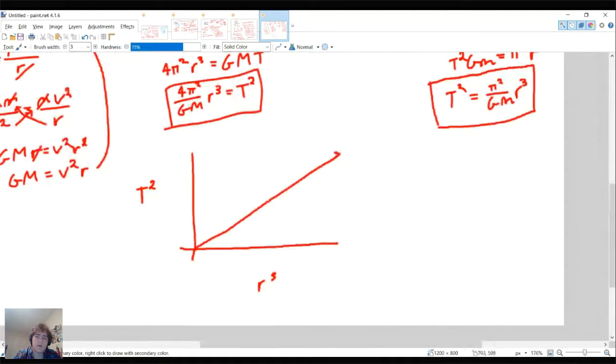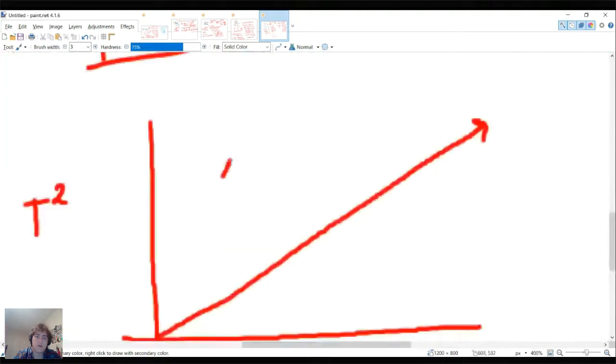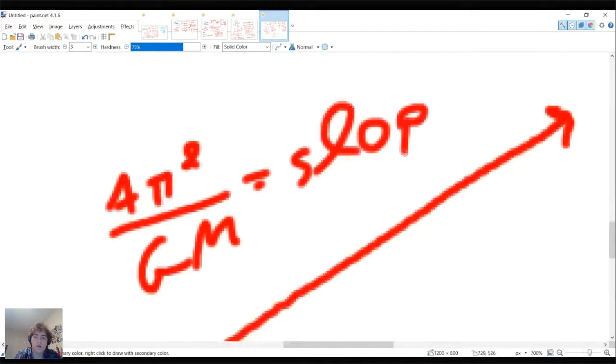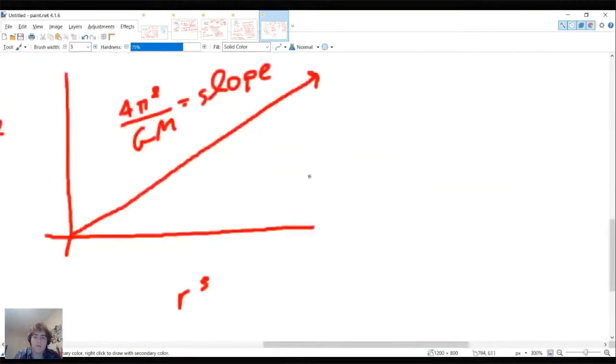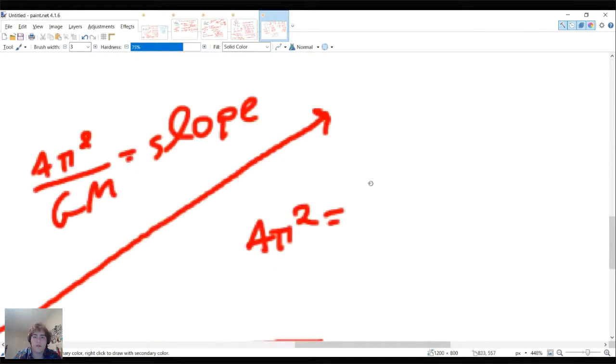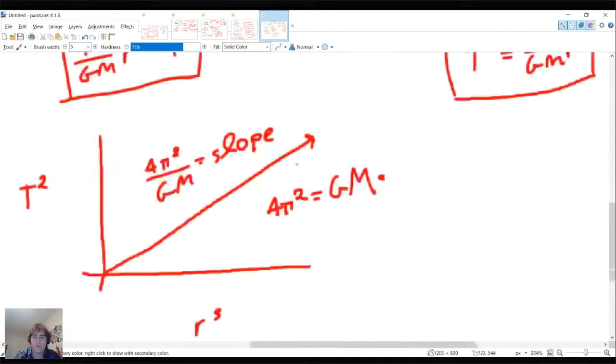You have a slope here with a line, and this slope is 4 pi squared over GM. So 4 pi squared is equal to GM times the slope.